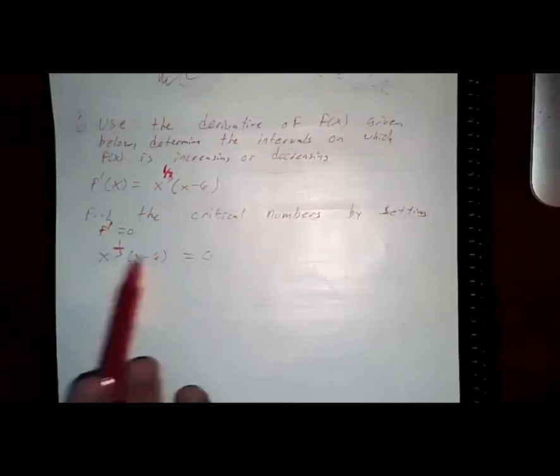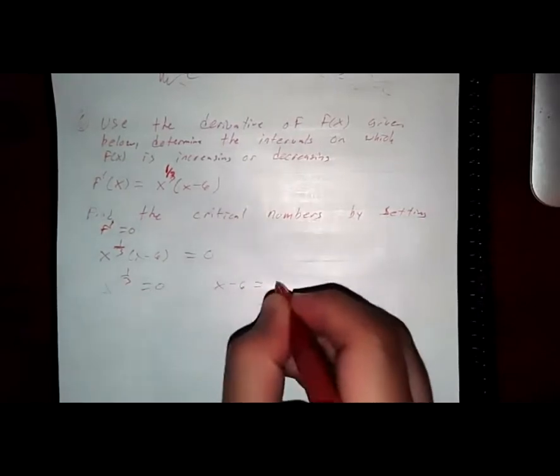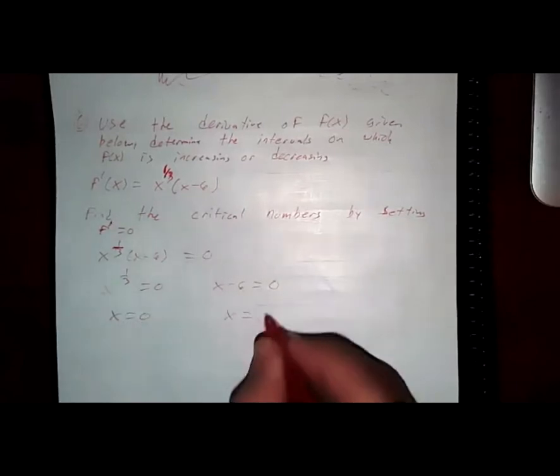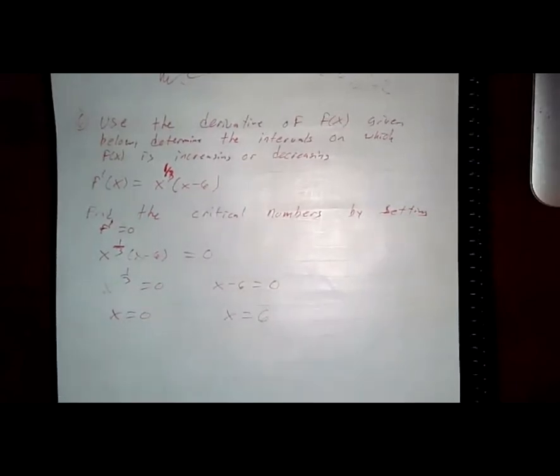If you have something that's factored, in other words, multiplied together, you could simply just set each part to 0 and solve. So x is 0, x is 6. That makes sense? Yep. Okay, so we got the critical numbers.